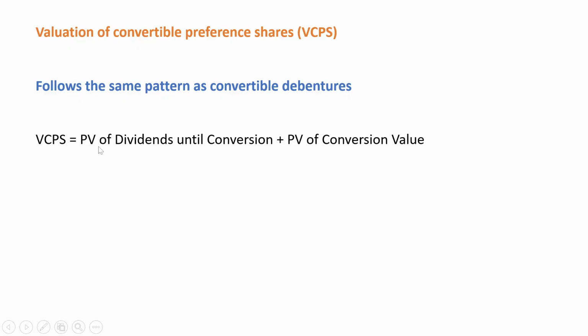It is given by the present value of dividends until conversion plus present value of conversion value. It is the same approach, the valuation of convertible preference shares. So use the same pattern as convertible debentures and you will get the answer.